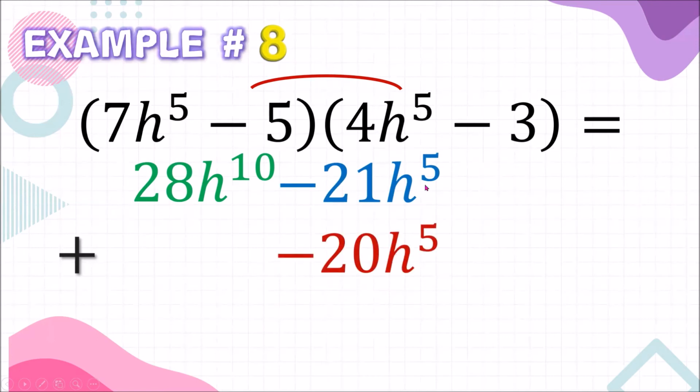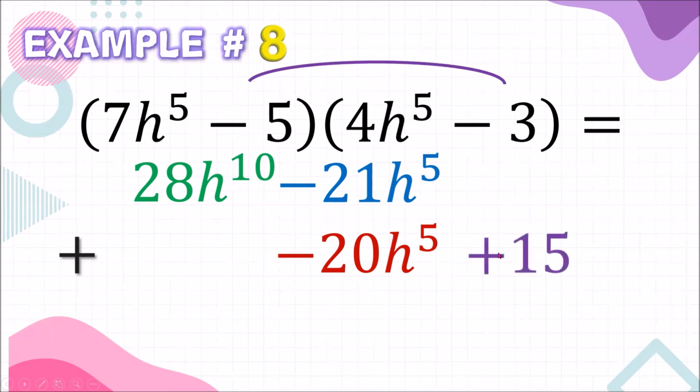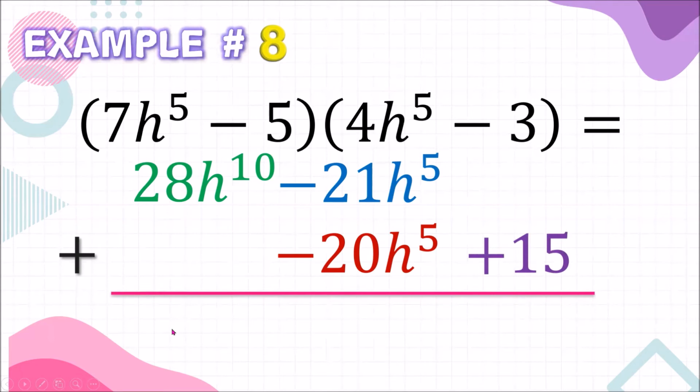So I'll put them together here, class, because they are similar terms. They have the same variable, h to the 5th. And then the last term, negative 5 times negative 3, we have positive 15. So now let's add. So just bring down 28h raised to 10. And then negative 21 plus negative 20.